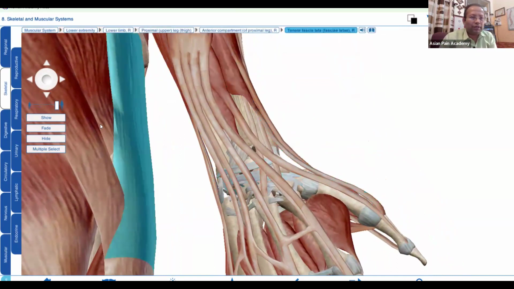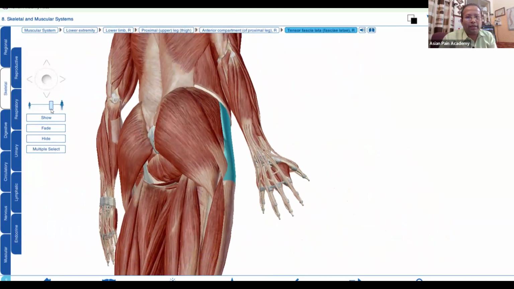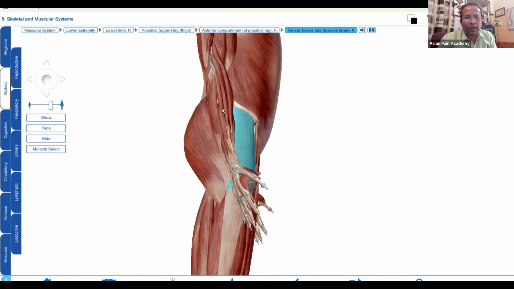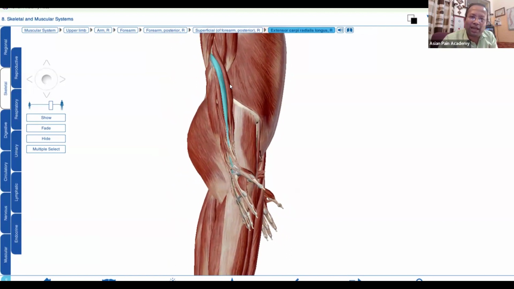So now just a broader orientation to give you. Okay, so just you see that here this was the ECRL and this was the ECRB. Though ECRL is not a part of common extensor tendon, it was also from above the elbow.